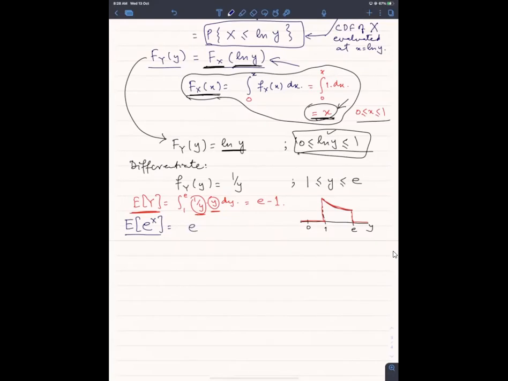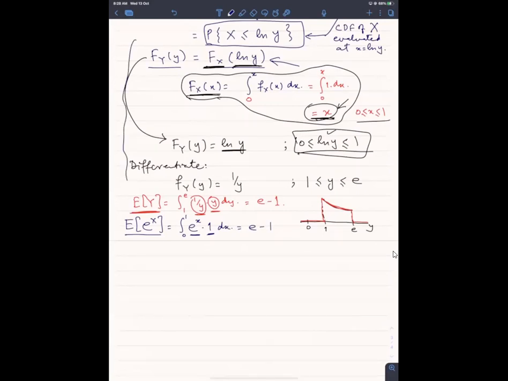So this would have been e to the x into 1, integral 0 to 1 dx. यहां पे मैंने क्या किया, यहां मैंने वो वाला फॉर्मूला लगाया, expected value of a function of a random variable is equal to that function multiplied by the PDF integrated over the support set, which is 0 to 1, and you will simply get e minus 1. एक लाइन में ही आंसर आ गया.